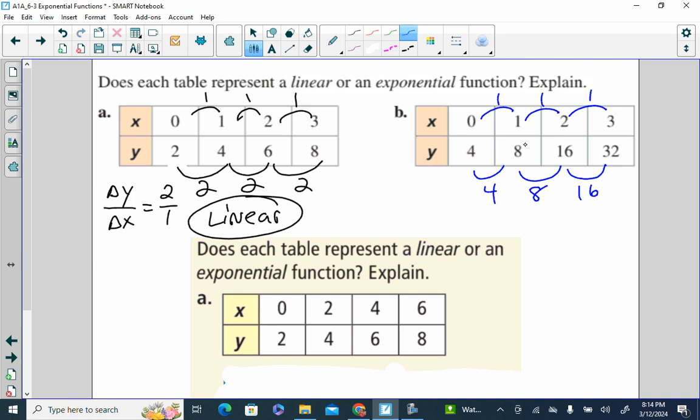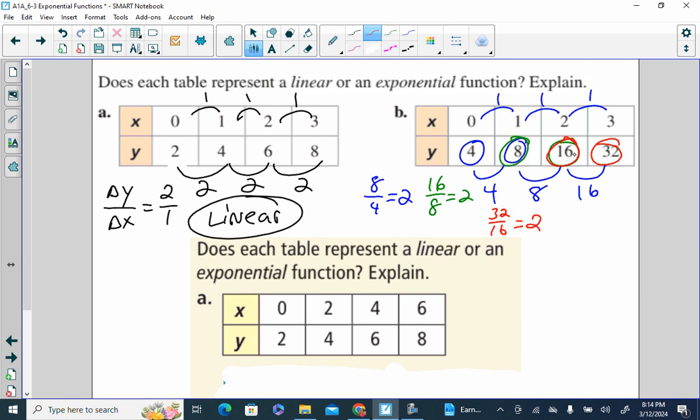If I look at the ratio of 8 to 4, that's a ratio of 2. If I look at the next two consecutive y values, 16 to 8, that's a ratio of 2. If I look at my next consecutive y values, 32 to 16, that's a ratio of 2.